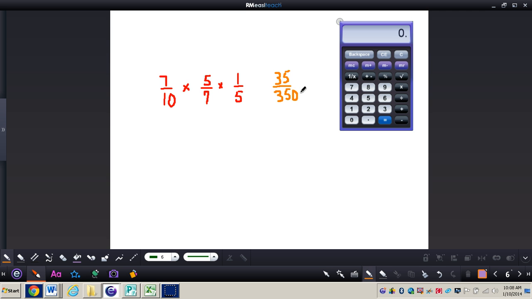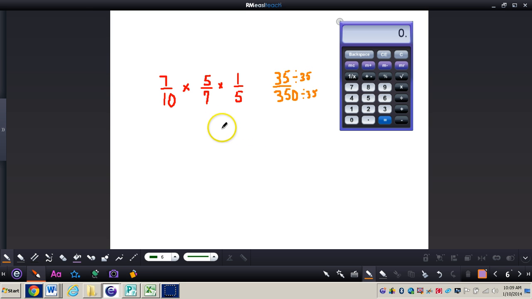Okay, now we can reduce this problem. Now this can be a little tricky as far as reducing this problem, but we know that 35 can go into 350. Okay, so we're going to divide both of these, numerator and denominator, by 35.